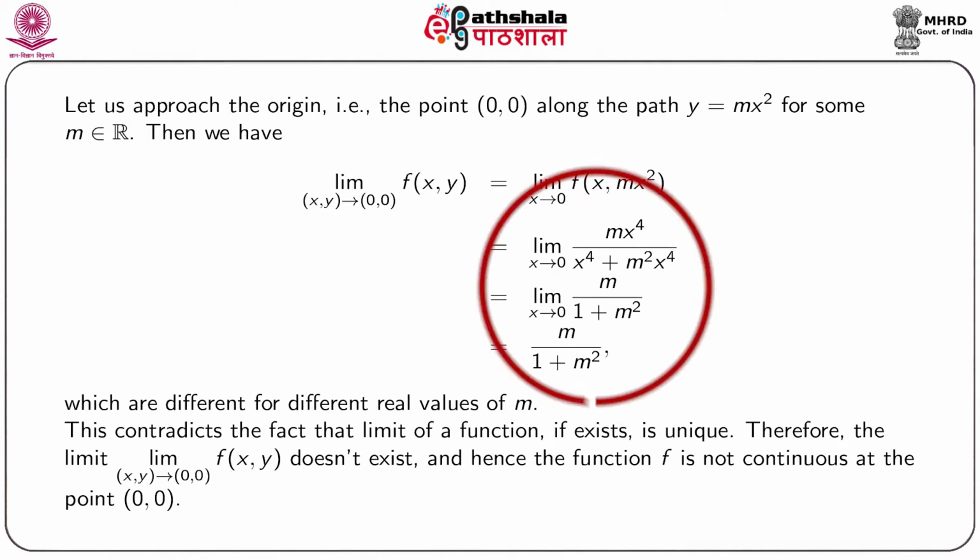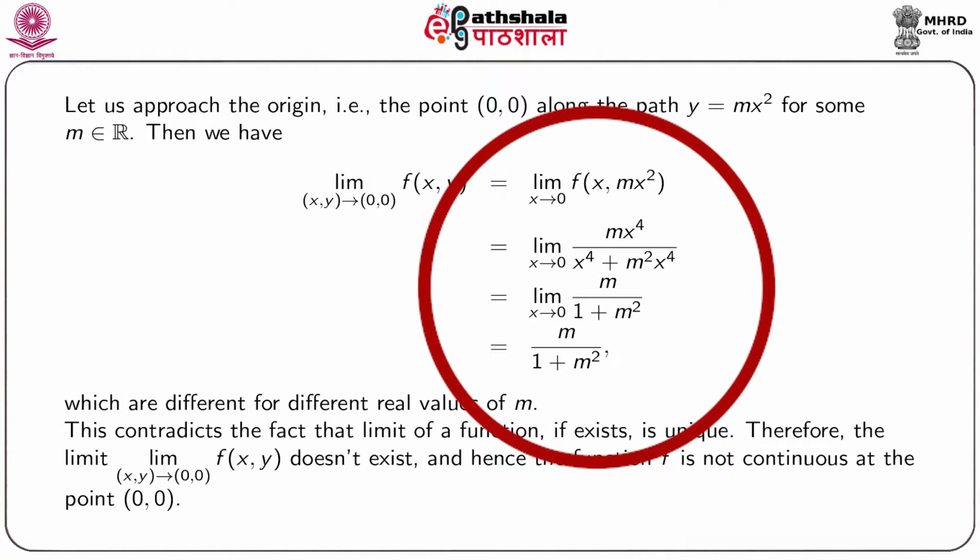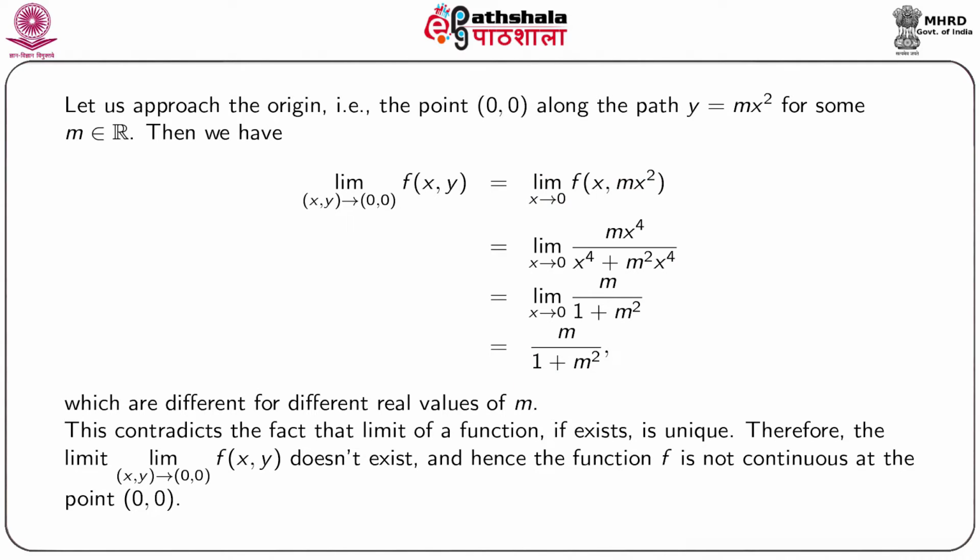So, this equals the limit of m x to the power 4 by x to the power 4 plus m squared x to the power 4 as x approaches 0. And eventually, we find the value of the limit is m by 1 plus m squared, which is different for different values of m.